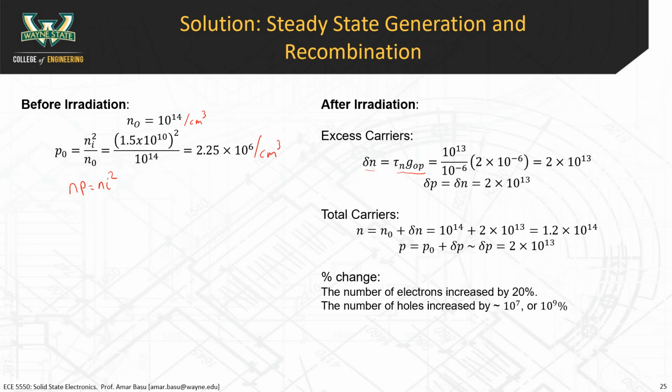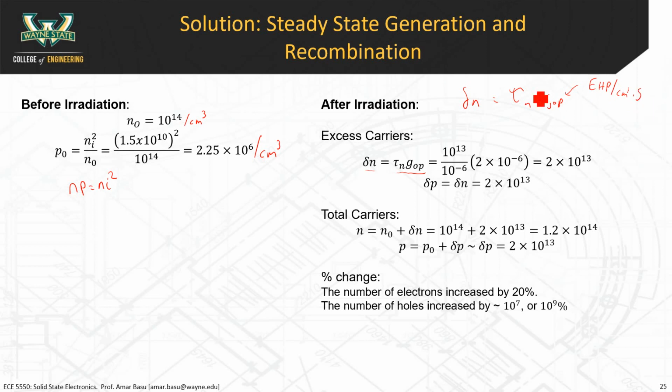Okay, so if we do our unit conversion, sigma n is tau n times G_OP. The G_OP is given to us in EHP per centimeter cubed per second.